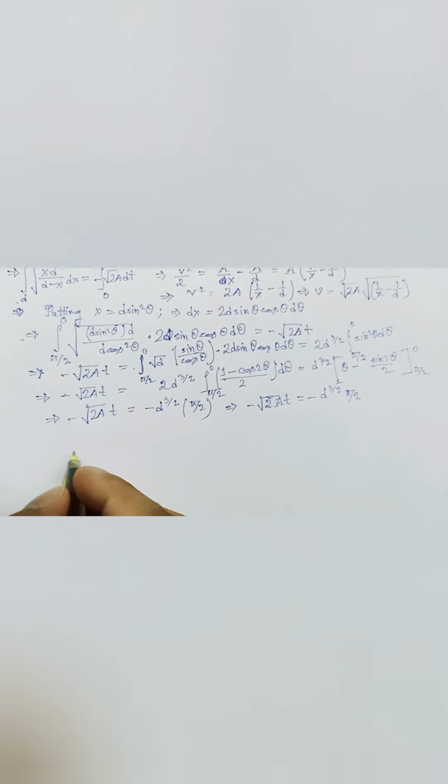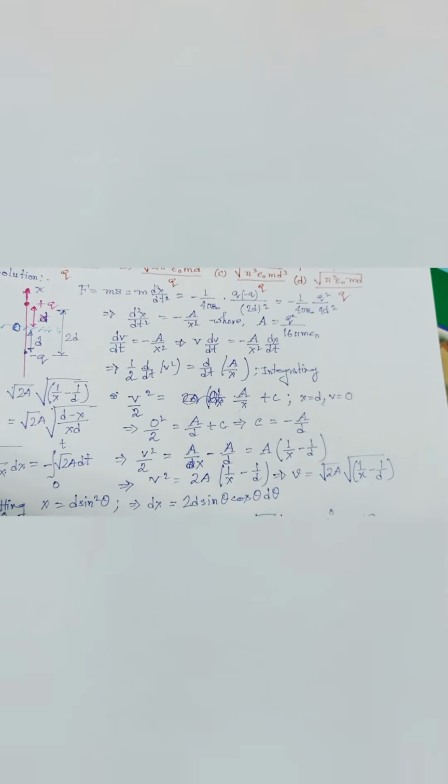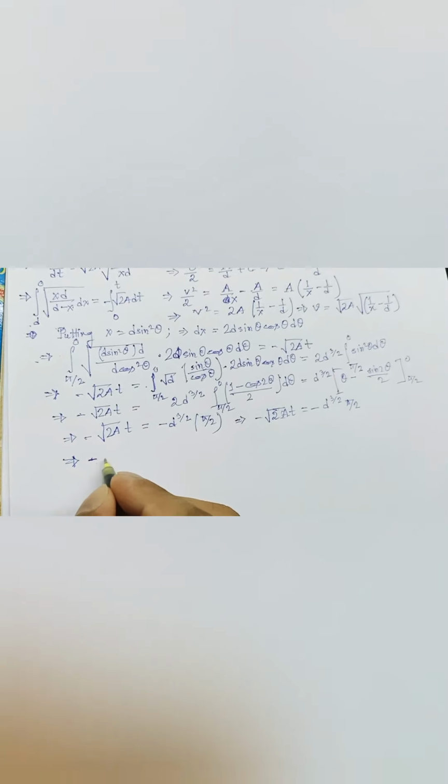From this equation, we substitute the value of a, because at the beginning we took a equal to q square divided by 16 pi m epsilon naught. Then minus root 2 into a, where a is q square divided by 16 pi m epsilon naught, multiplied by t, equal to minus d to the power 3 by 2 into pi by 2.